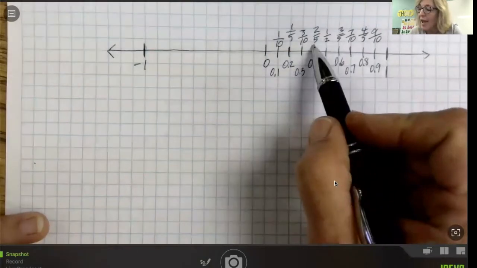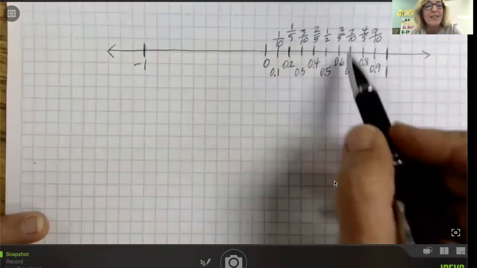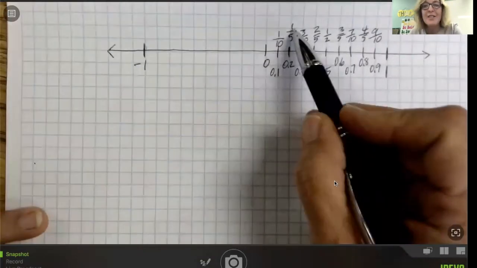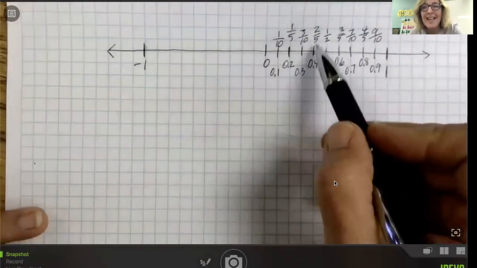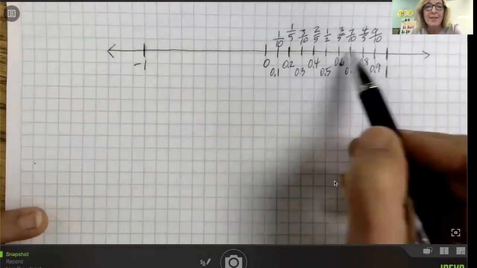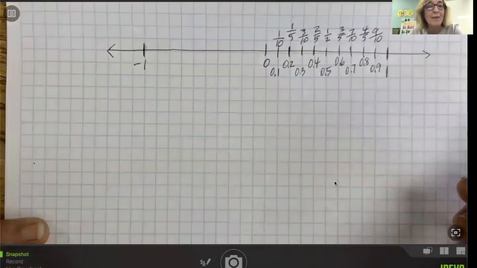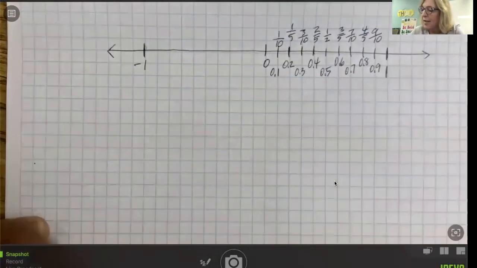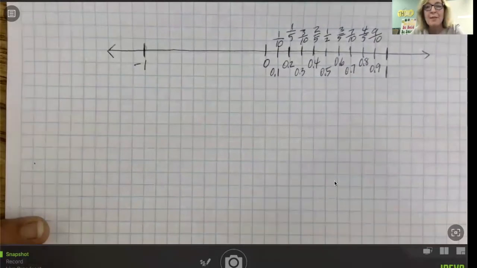So every 2/10 is a fifth. So 2/10 is 1/5. 4/10 is 2/5. 6/10 would be 3/5, and 8/10 would be 4/5. So there's that relationship between fifths and tenths because 5 is a factor of 10. The other one then is 1/2, which is the same as 5/10.